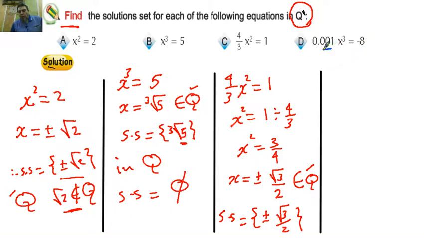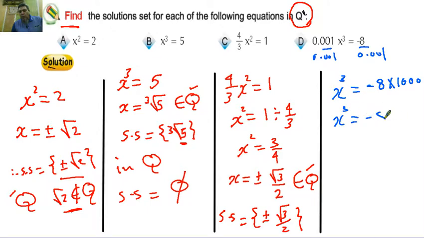By dividing both sides by 0.001, x cubed equals negative 8 times 1000, then x cubed equals negative 8000. By taking the cube root, x equals the cube root of negative 8000.